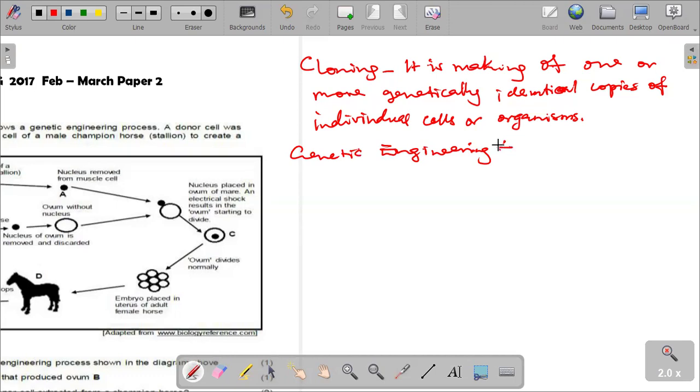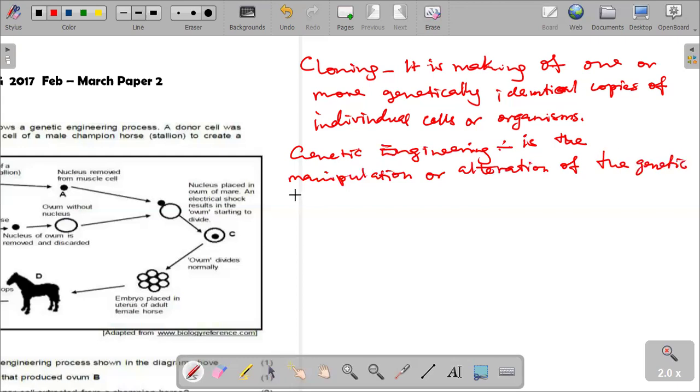Genetic engineering is basically defined as the manipulation or alteration of the genetic material of an organism.